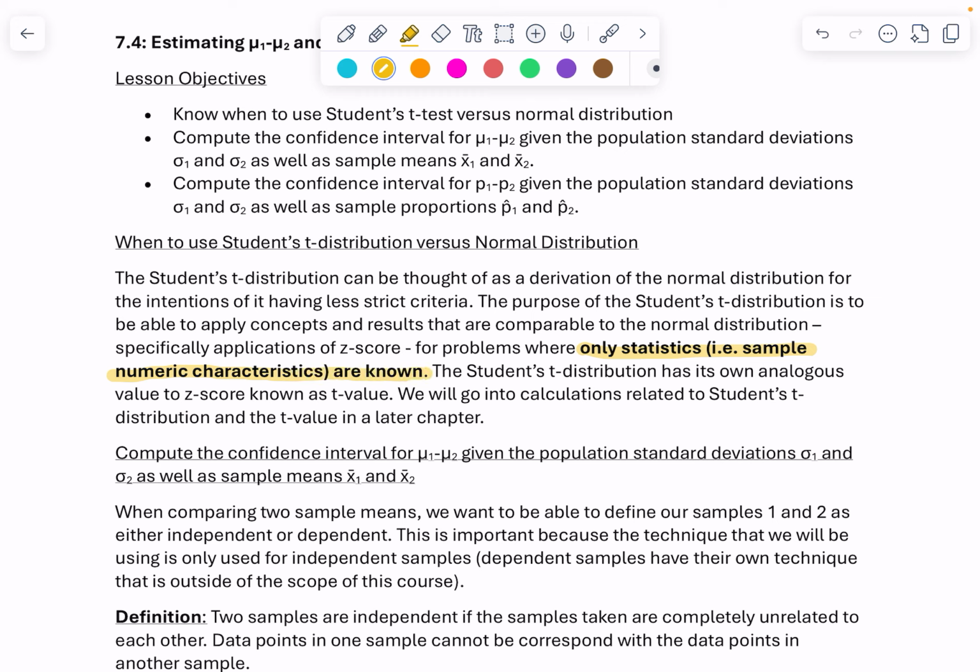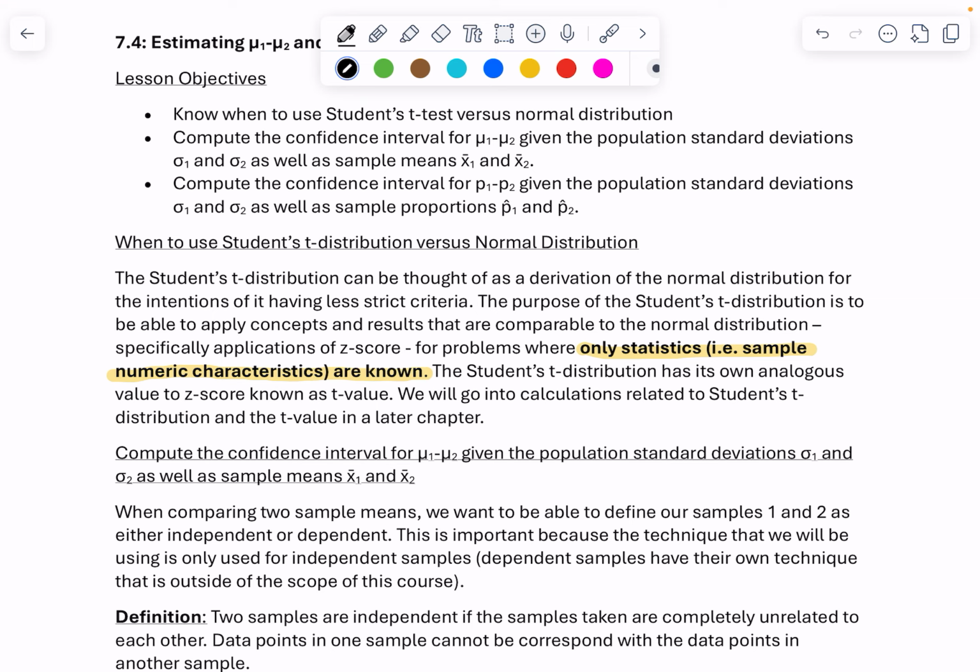Up to this point, we've really been focusing on normal distributions and the sample size having to be greater than 30, following a normal distribution pattern. A lot of those characteristics get dropped when we talk about t-distributions, and we're only working with sample means, sample standard deviations, and so on.